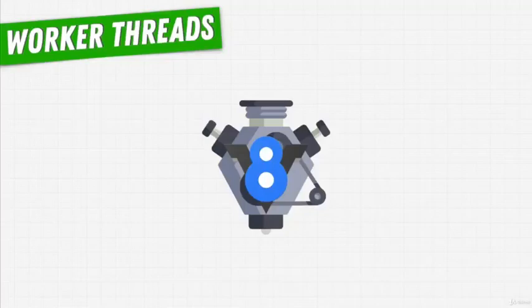Worker threads use these isolates to create new threads that can execute your JavaScript code side by side, with each V8 isolate handling the JavaScript code for one thread. What this means for us in practice is that worker threads, just like clusters, help us to take advantage of the multiple CPU processors in our machine.